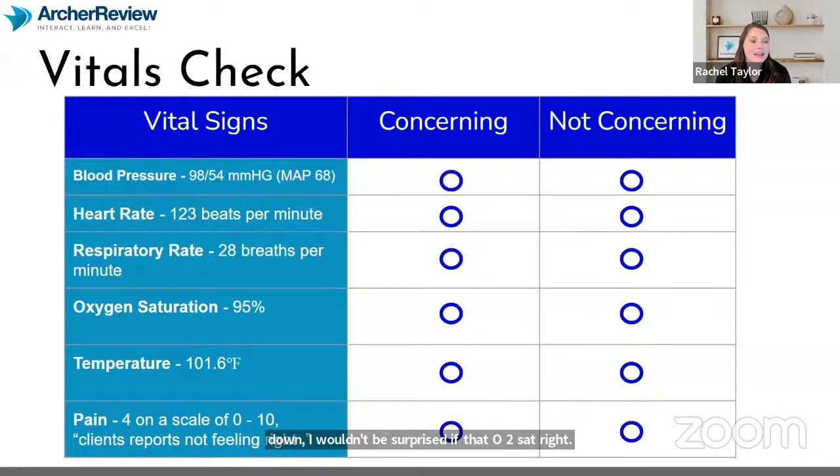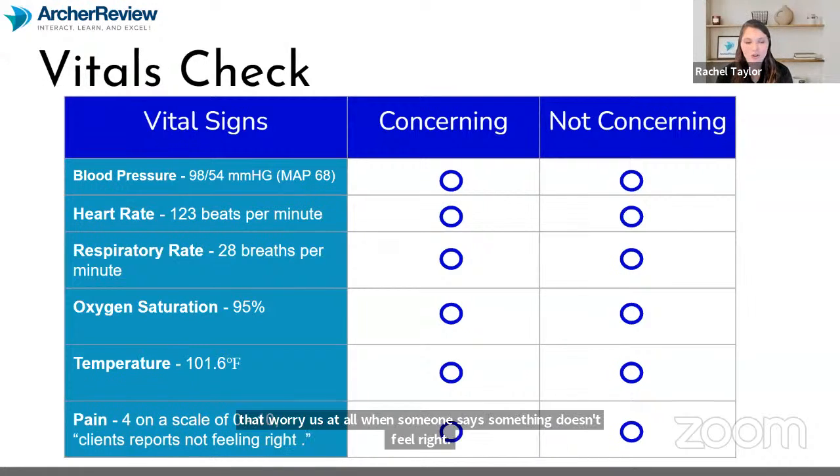And then the pain is a 4 on a scale of 0 to 10. And the client reports they're just not feeling right. Something feels off. What do we think? Something feels not right. When a client says that, does that worry us at all? When someone says something doesn't feel right, I usually get a little concerned.